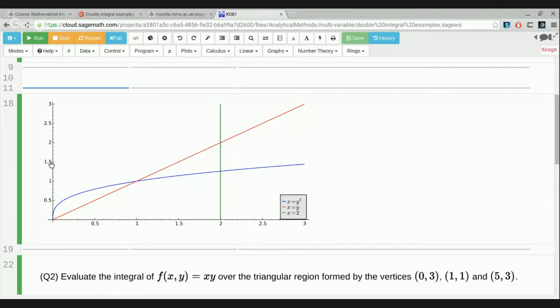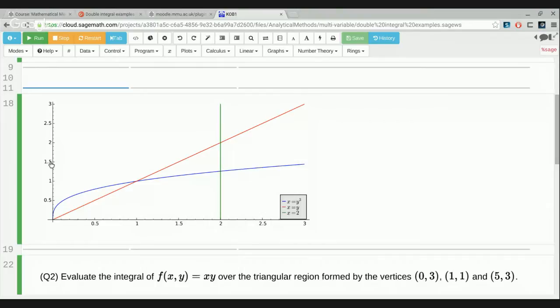But what's going on here is we've got different behavior for the x limits. For those lower values of y, the boundaries for the x variable fall on the curves y equals x and x equals y cubed.